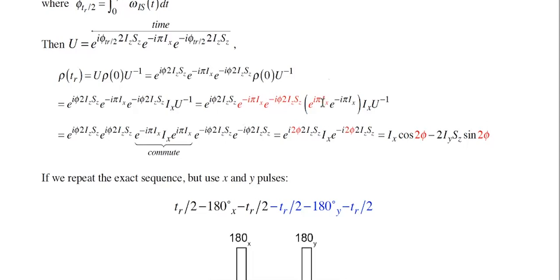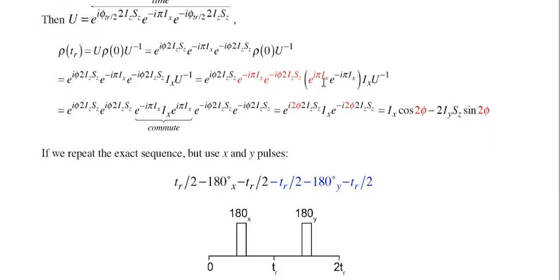And so I still hold the equality. And the reason I want to do that is because I want to engineer a rotation by 180 degrees, a pi pulse, around Ix onto this IZSZ dipolar Hamiltonian.